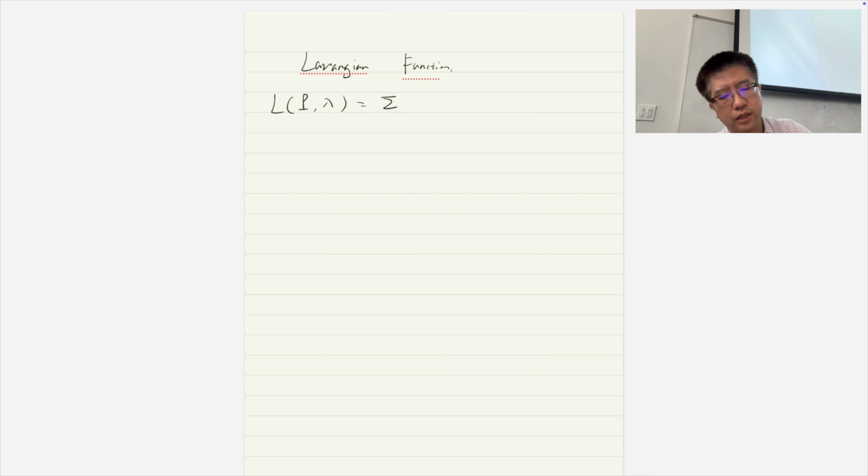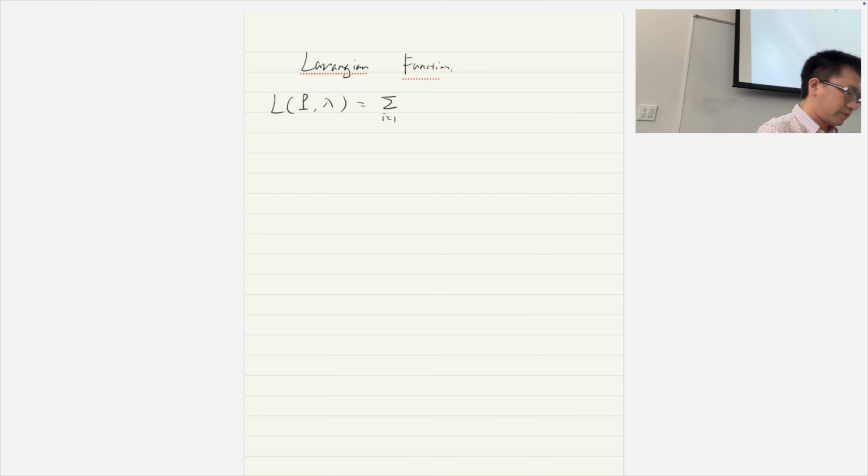Okay, first we need to write the Lagrangian function. Basically we're going to write the Lagrangian function and then we use the KKT condition. The nice thing here is that we can get a very nice interpretation for the solution if we use the KKT condition. Okay.